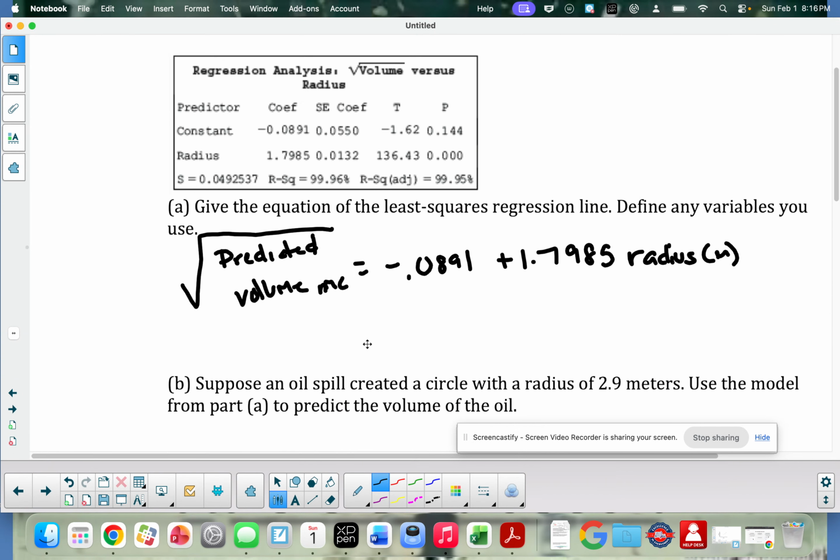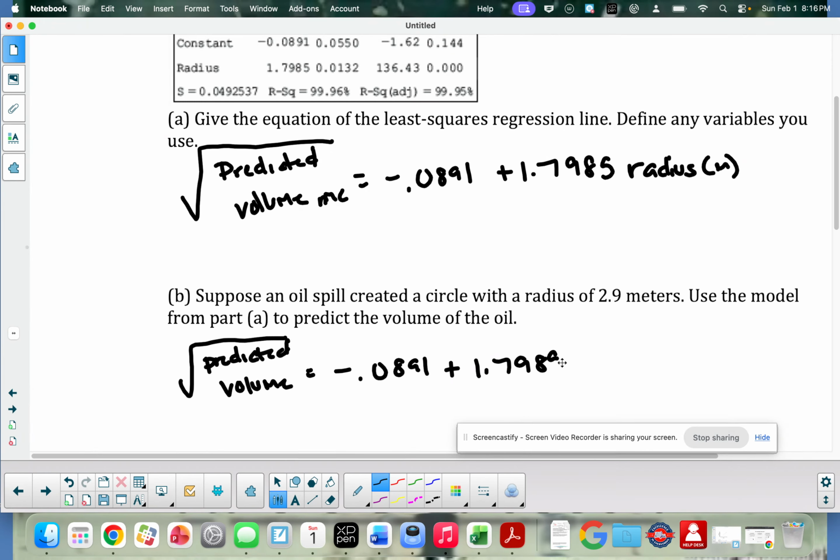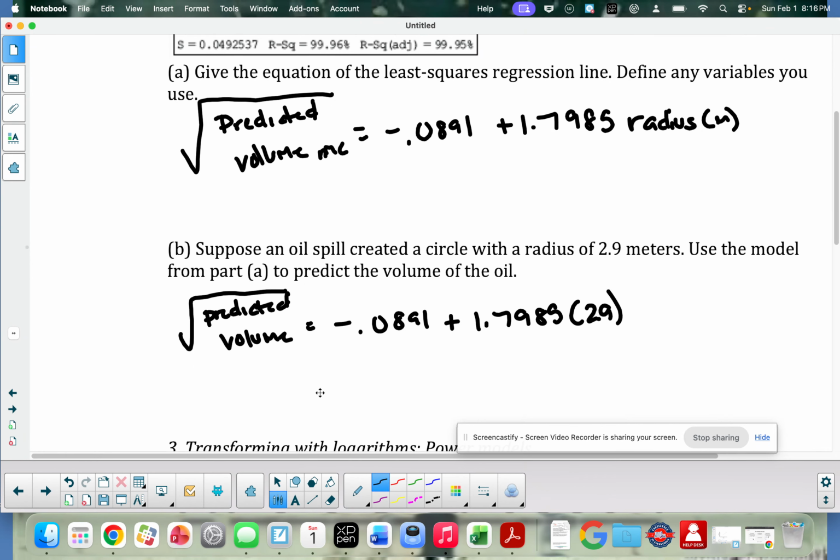Now, if I wanted to make a prediction with this one, I'm still being given a radius of 2.9 meters. So I want you to keep in mind, algebra-wise, what I'm going to have to actually do. So I do negative 0.0891 plus 1.7985 times 2.9. Notice I'm not squaring my radius anymore. So just substitute that in to start with. Negative 0.0891 plus 5.2157 gives 5.12655.